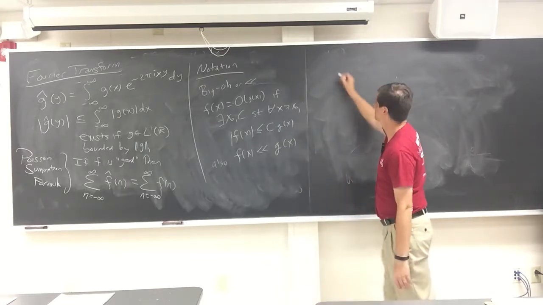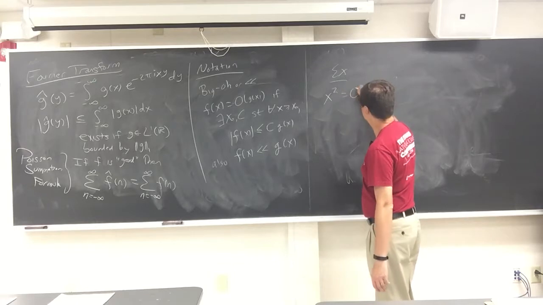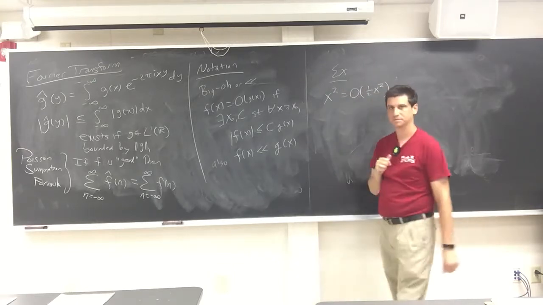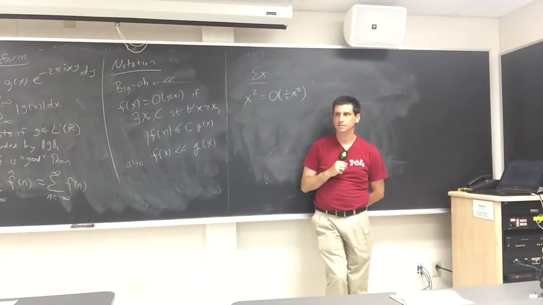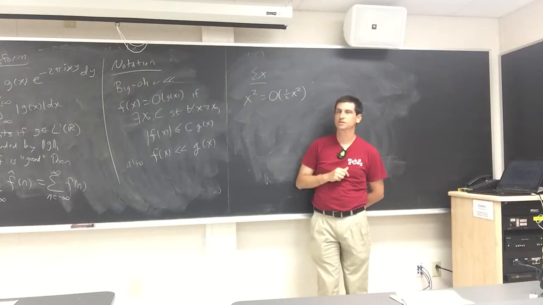So let's do a few examples. x squared is big O of 1/2 x squared. Is it true for all values of x that x squared is going to be less than or equal to some constant times 1/2 x squared?